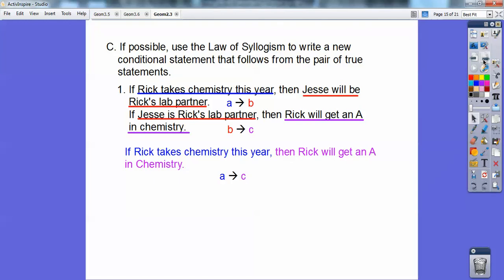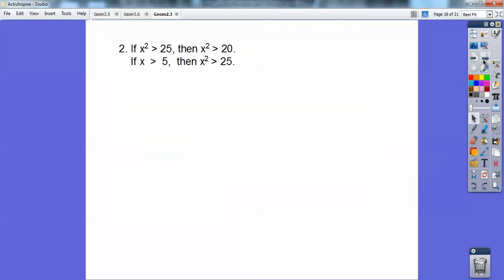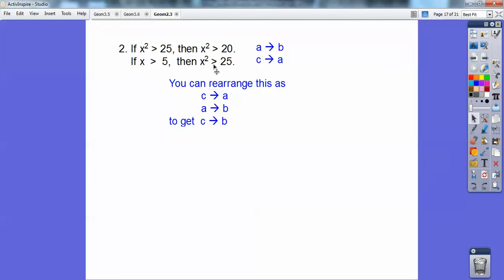All right, isn't that fun? How about this one? If x squared is greater than 25, then x squared is greater than 20. If x is greater than 5, then x squared is greater than 25. These are arranged a little differently. This says if A, then B, and this one says if C, then A. Notice that x squared greater than 25 is the same in both.